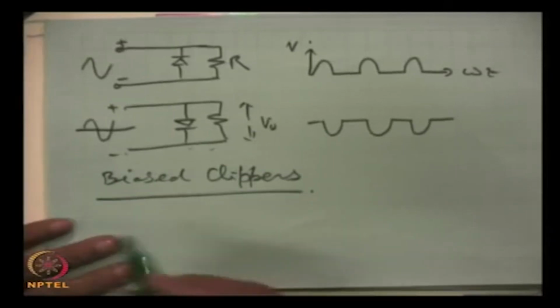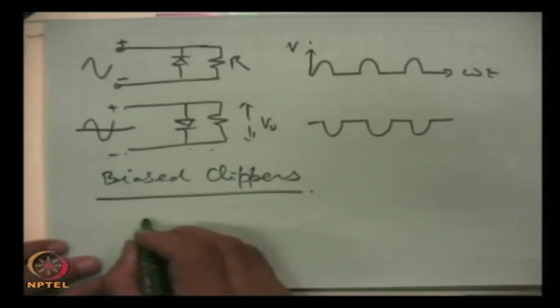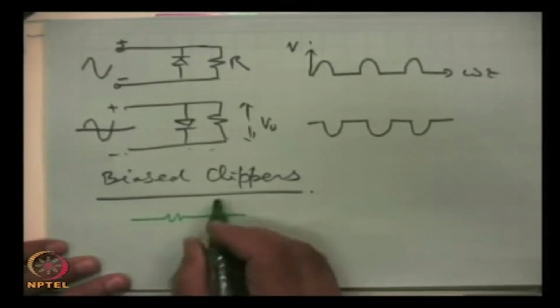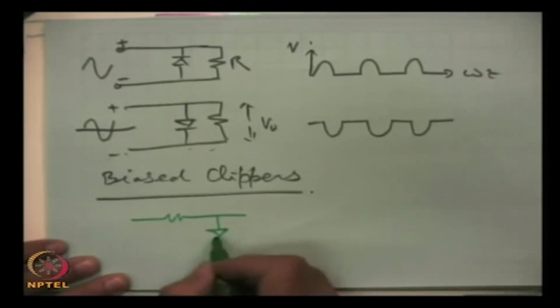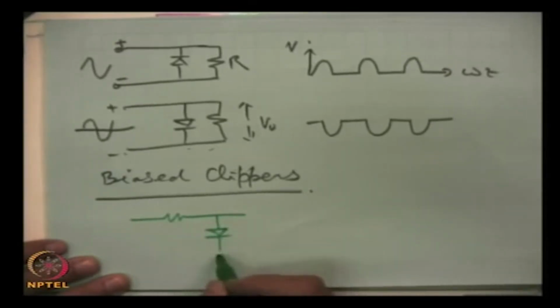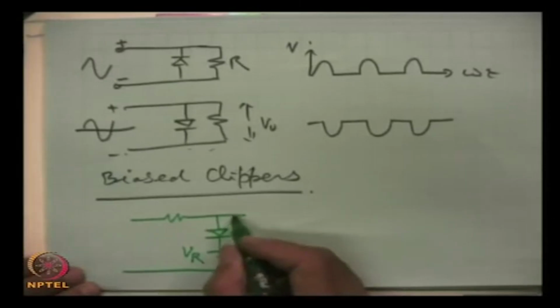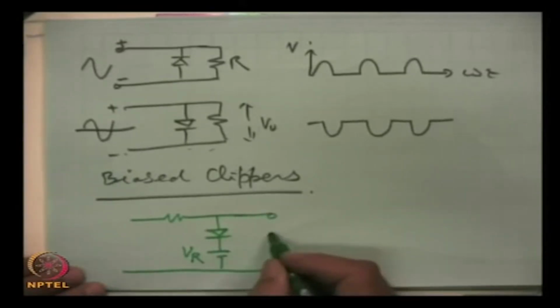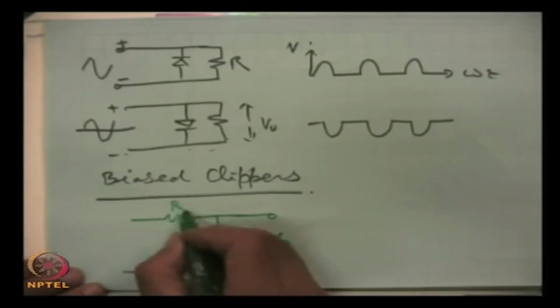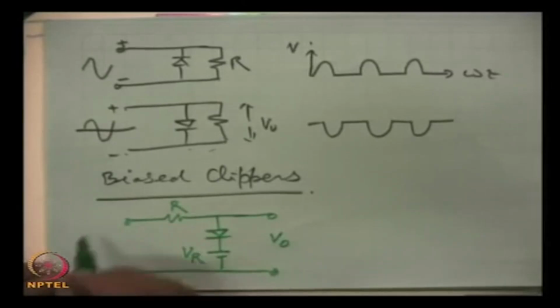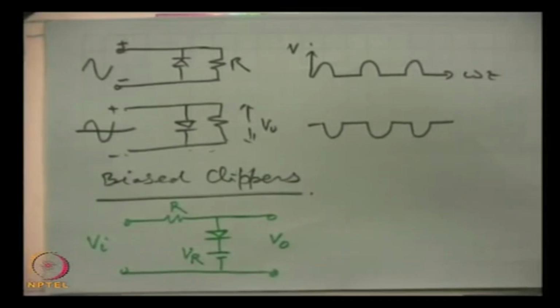Look at this circuit: a resistance, a diode with this polarity, a battery, a reference voltage VR applied. We get the output here, and the input is provided here with some voltage Vi.